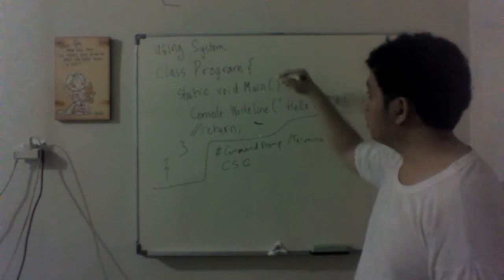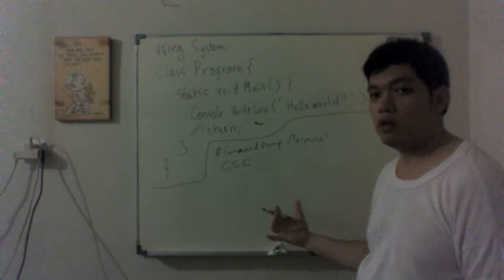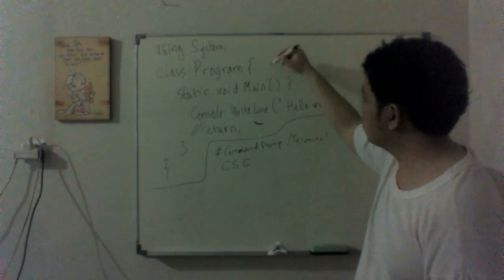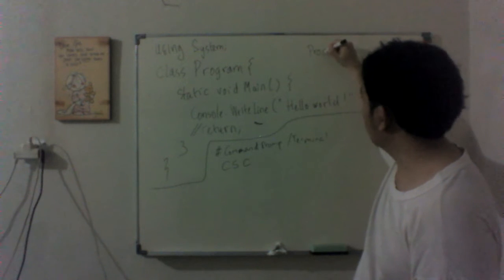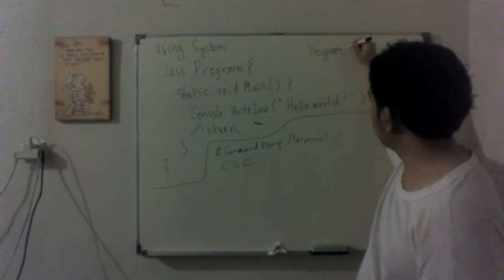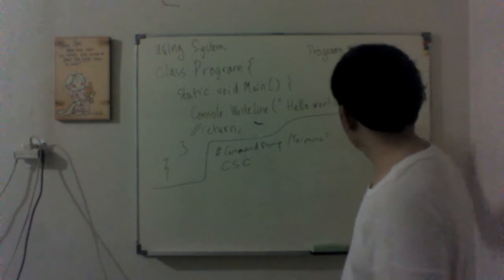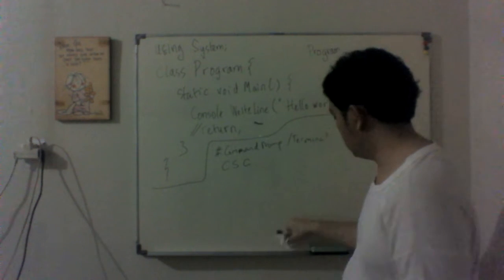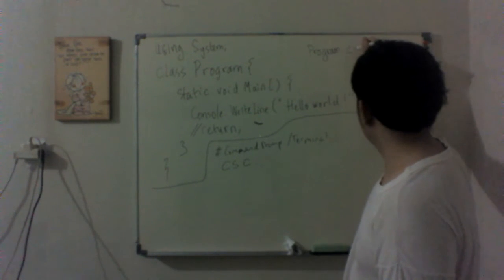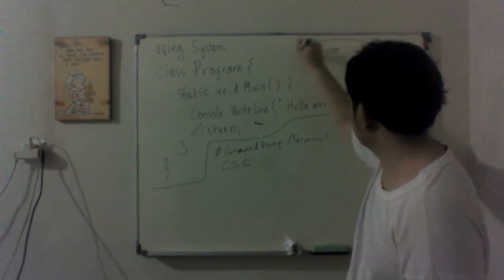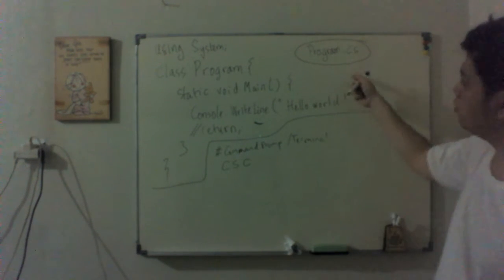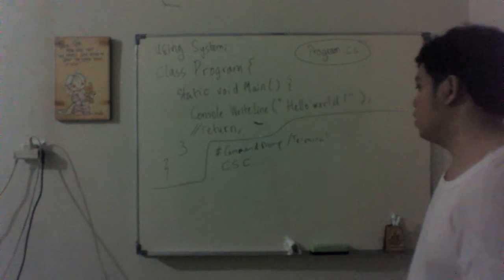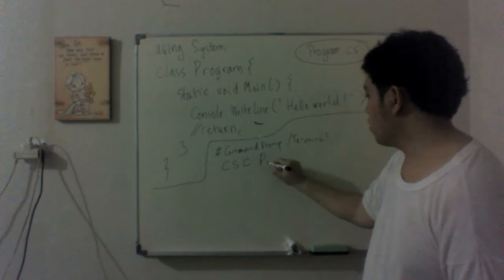Then the name of the source code file, which I'm going to assume is program.cs. All the text here is saved in that file, so you type csc program.cs.